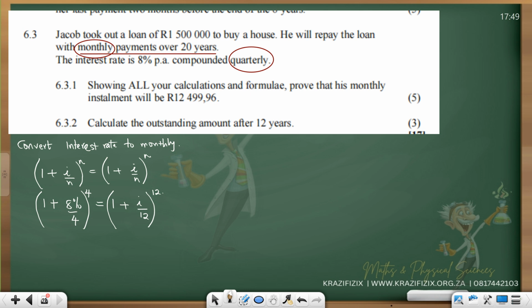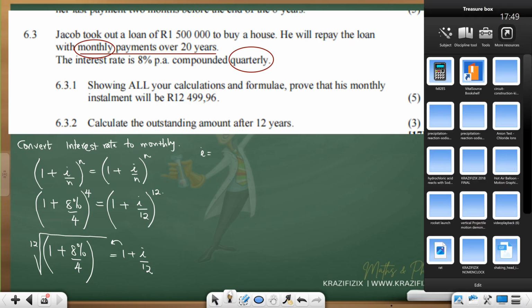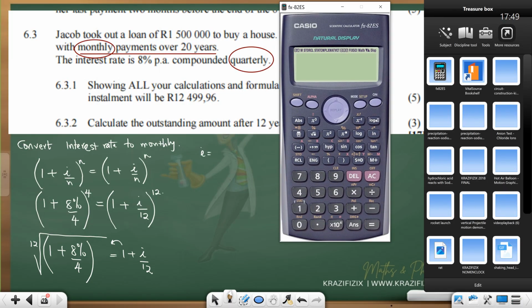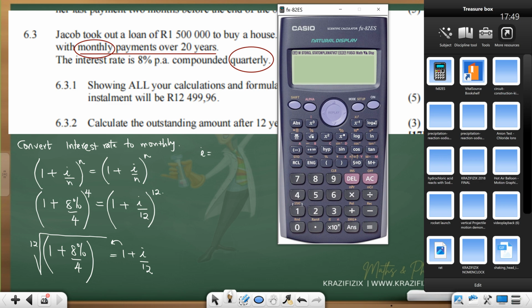First is to remove the power 12, which would give me the 12th root. And what do we do? We bring that over and then multiply by 12. All right? For time purposes. So the 12th root. What do we have?